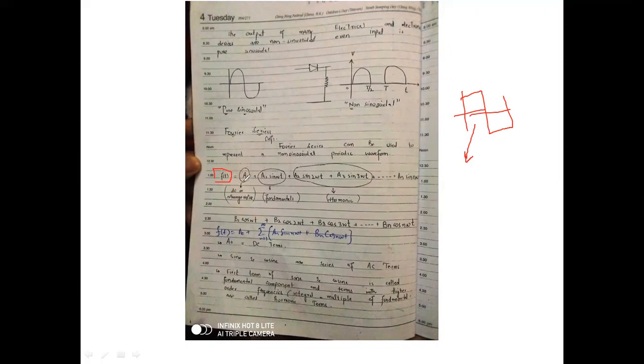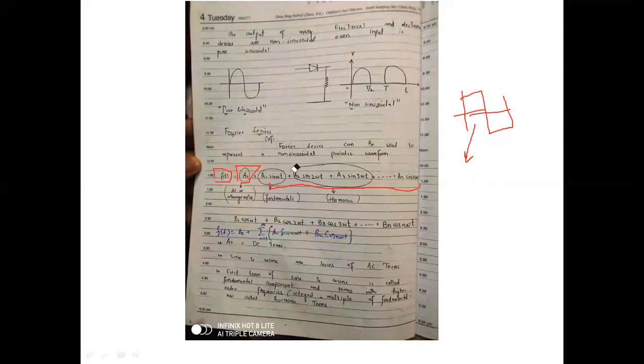Okay, so the first term of this series is pure DC, represented by a naught, and then a series of sines and a series of cosines. Sine terms or cosine terms, both of these are sinusoidal series. The amplitudes of the sine series are represented by a, while the amplitudes of the cosine series are represented by b.